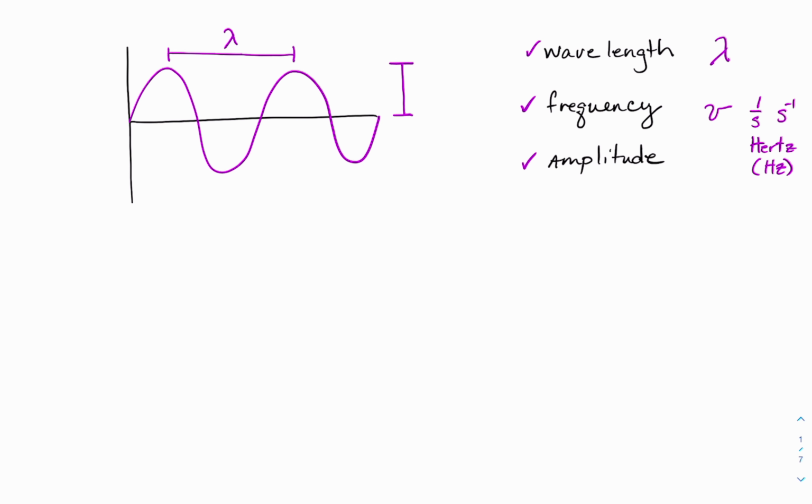So it turns out if you take the product of frequency and wavelength, they actually multiply together to produce a specific constant value when this is in a vacuum. And this value we write as a lowercase c, and it is the speed of light.